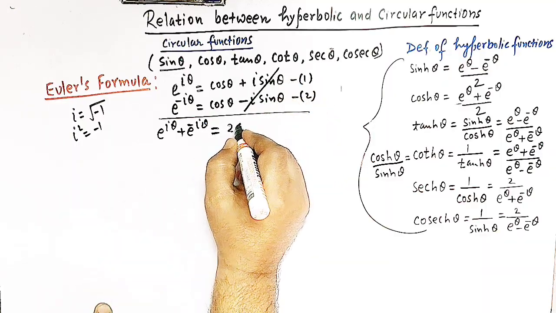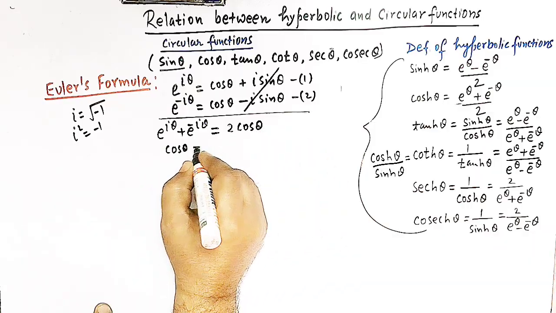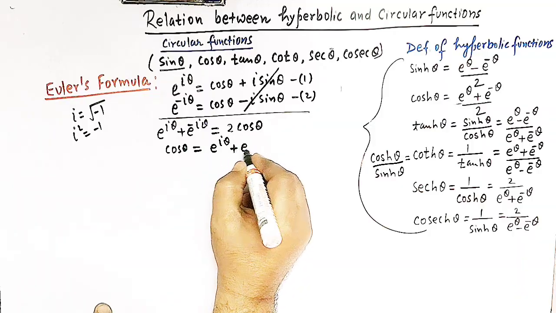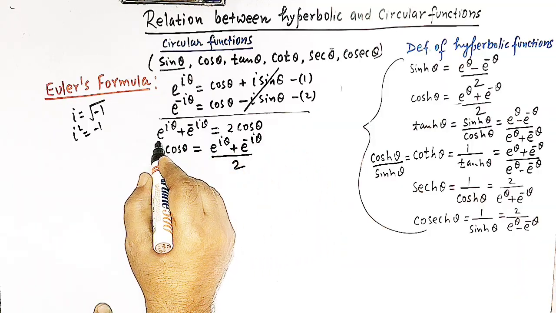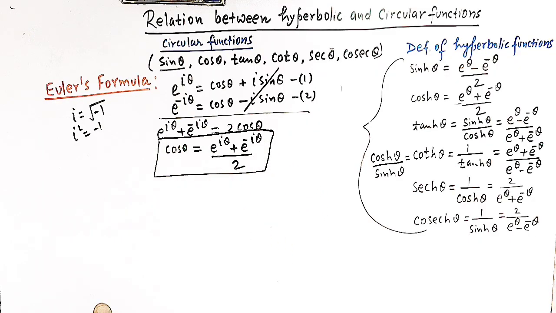And we have 2 times cosine theta. So cosine theta is equal to e raised to i theta plus e raised to minus i theta over 2. So this is an important result to start with.